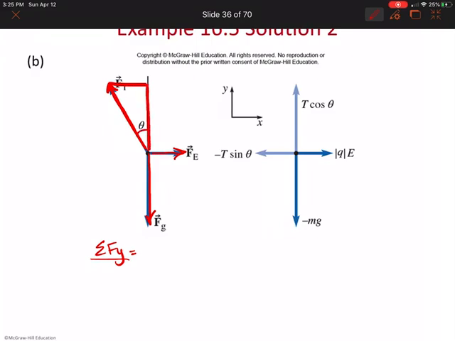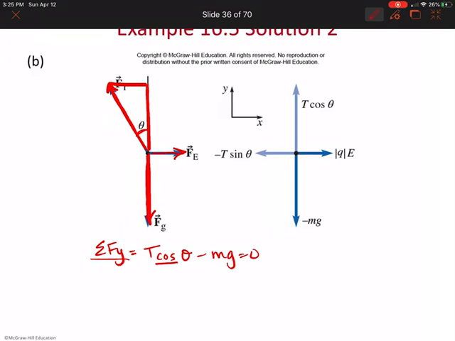So see this angle right here? Is it opposite or adjacent to the y-axis? Well, it's right next to it, so it's adjacent. So in this one, we would say tension cosine theta. Cosine means it's adjacent. Okay, minus mass times gravity. Okay, that's this guy right here. It's going down, so it's minus.